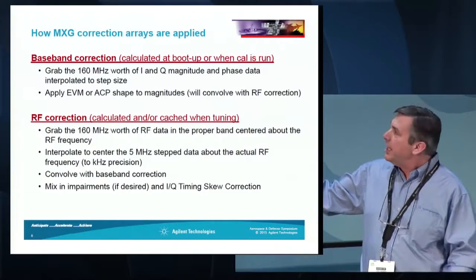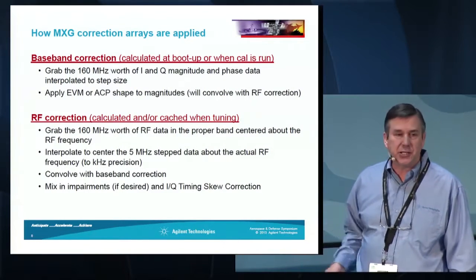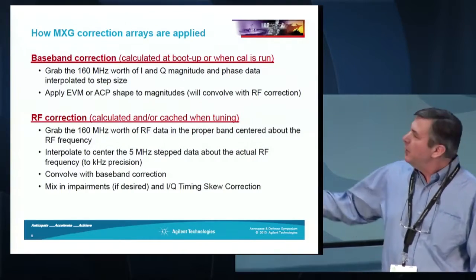You do give up a few microseconds, maybe tens of microseconds of switching speed when you invoke the real-time corrections onto your waveform. So that's a bit of a trade-off, but of course the flexibility we give you is to be able to turn this off if you have other means for correcting your signal or you don't need this kind of accuracy. Any questions so far with that?